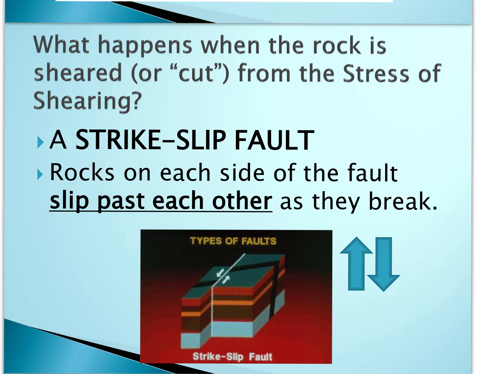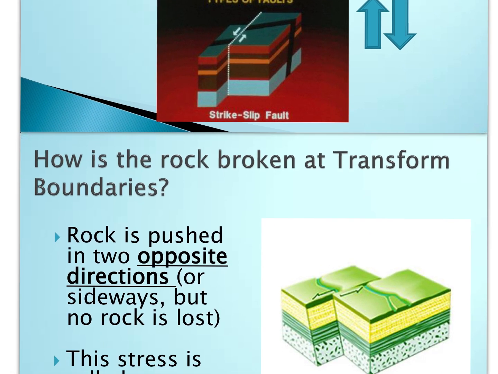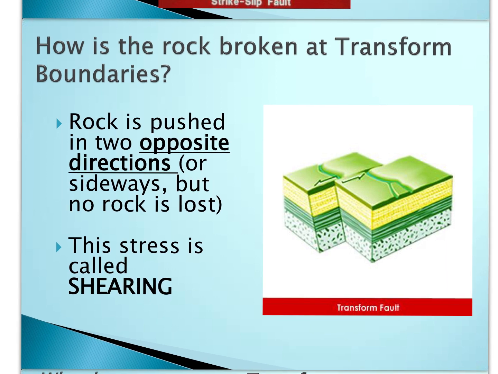So when I think strike slip, I actually think like a pair of scissors. The way that scissors actually slide past one another in order to cut through something. And it's classic to see the arrows going in the opposite direction.